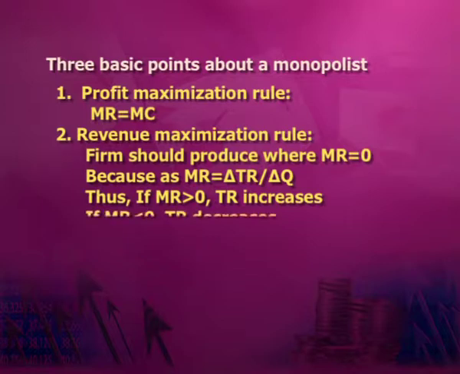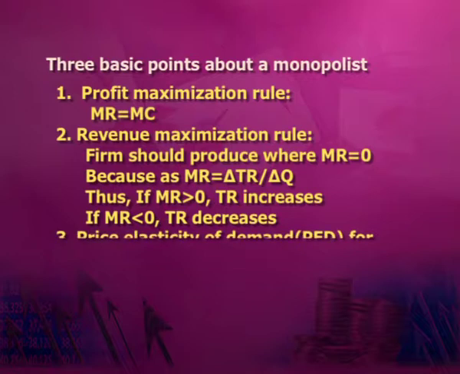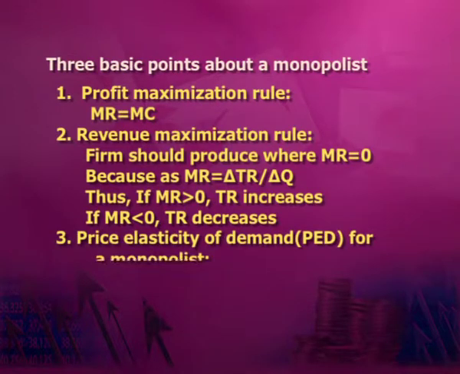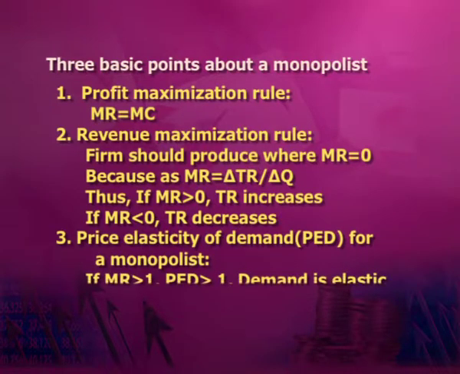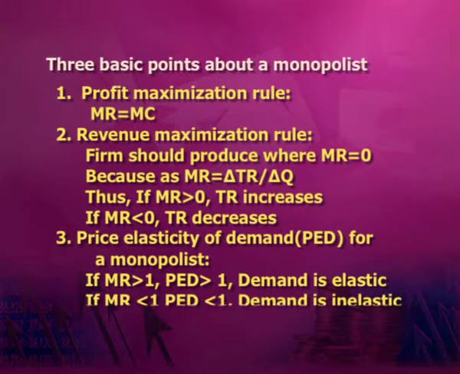If MR is less than 0, TR decreases. Third is price elasticity of demand, PED, for a monopolist. If MR is greater than 1, PED is also greater than 1, then demand is elastic. While if MR is less than 1 and PED is also less than 1, demand is inelastic.